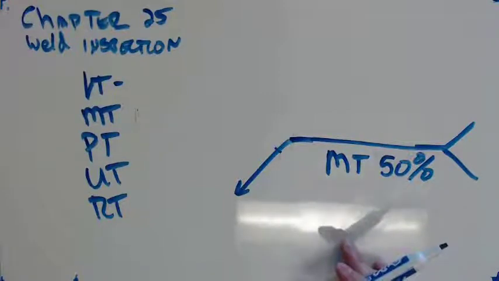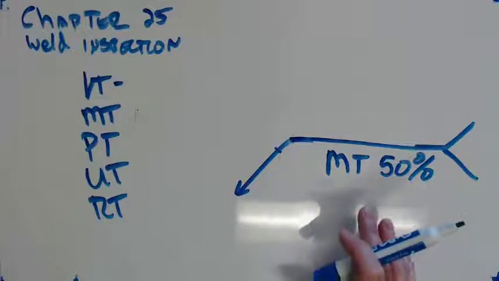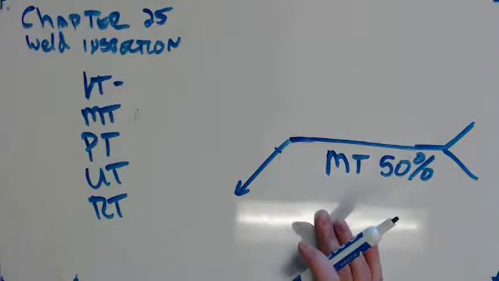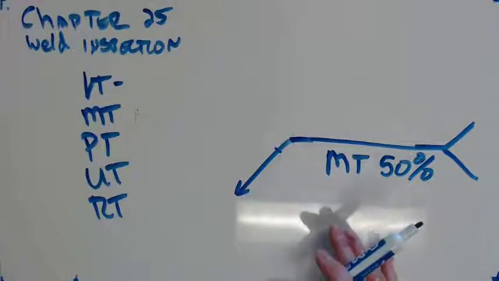Really not a whole lot else. This is pretty simple. One thing to say is that a lot of places you won't ever see these symbols. They'll have their own process for doing whatever kind of weld inspection they do. This is not real common to see on most shop drawings.